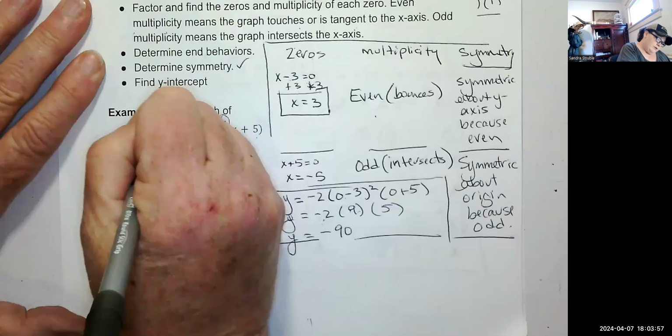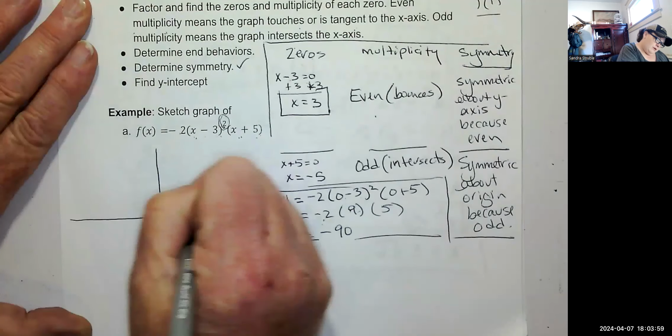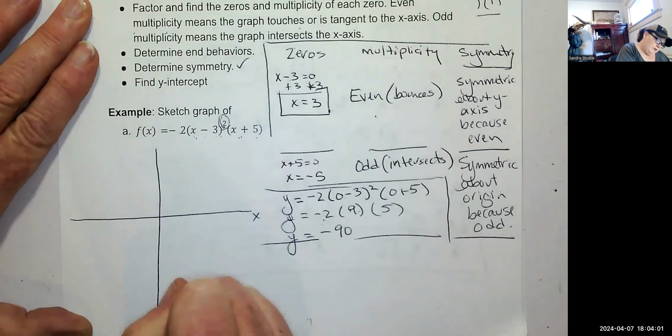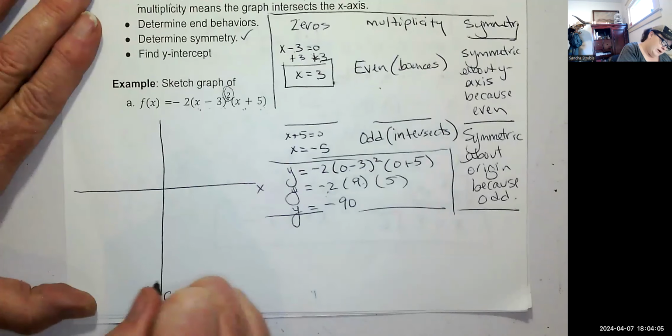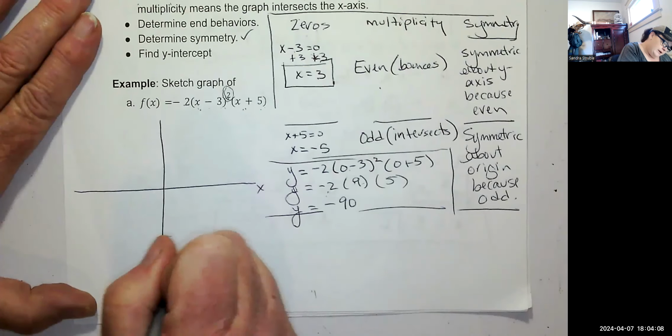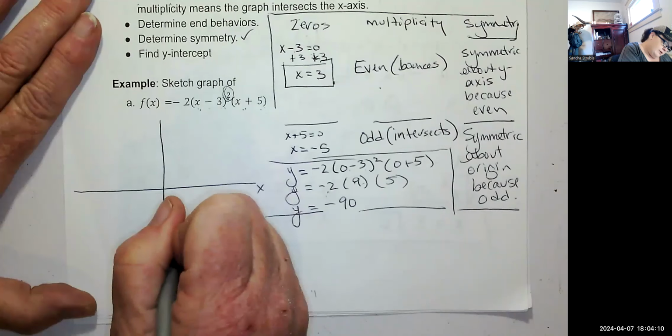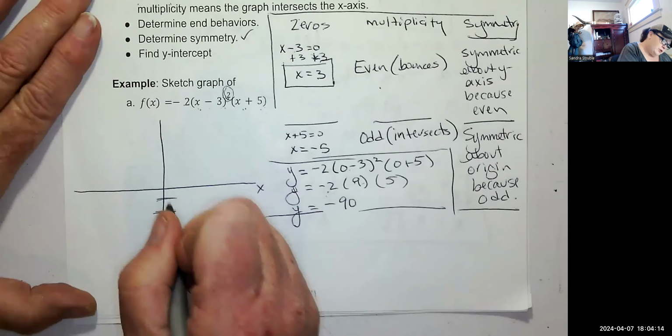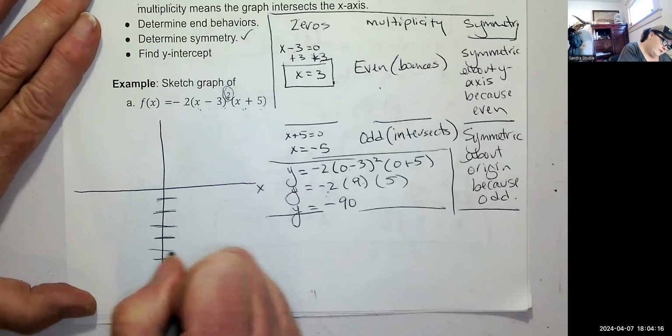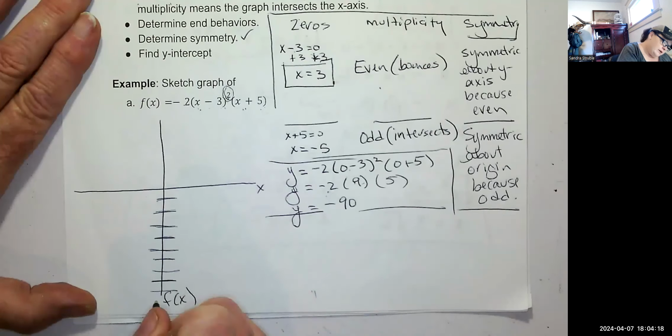We can start graphing this. I'm going to have to choose something crazy since it's negative 90. Let's do these by tens: 1, 2, 3, 4, 5, 6, 7, 8, 9, 10.